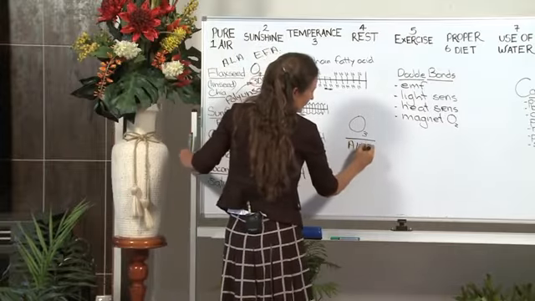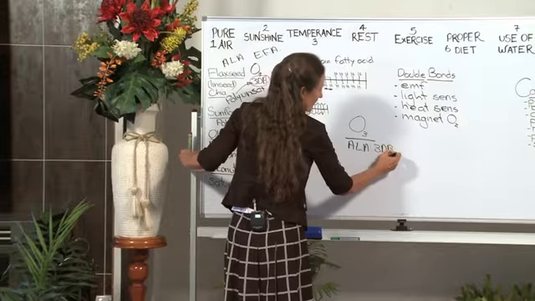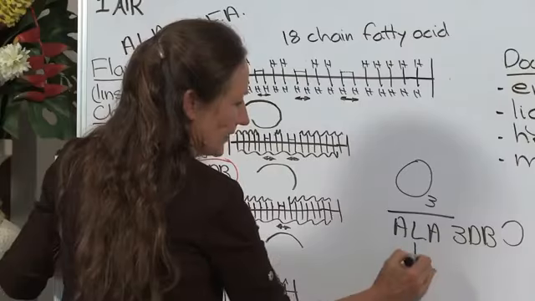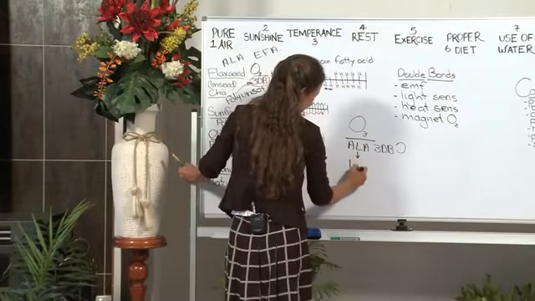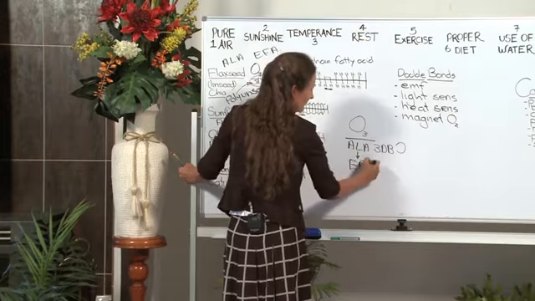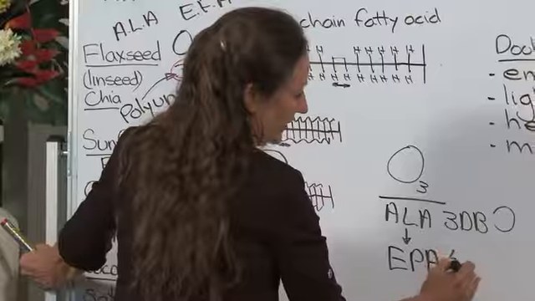Alpha-linolenic acid has 3 double bonds. And we've already seen that's quite a fluid oil. In the body, ALA is broken down to EPA. EPA has 5 double bonds.